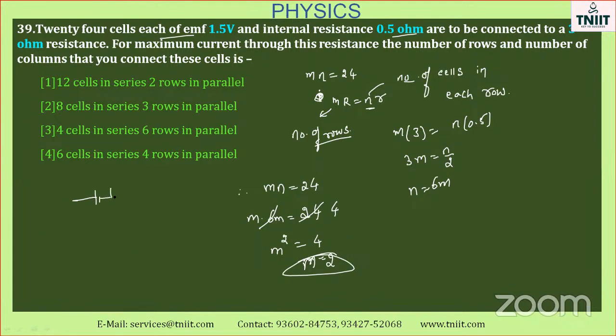So 2 rows means here 12 cells, and here 12 cells. So total how many cells? 24 cells. So 12 cells in series, like that, 2 rows in parallel. So this is how we are going to find the total number of cells.